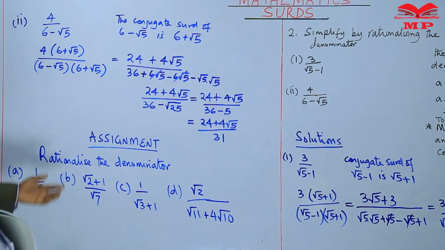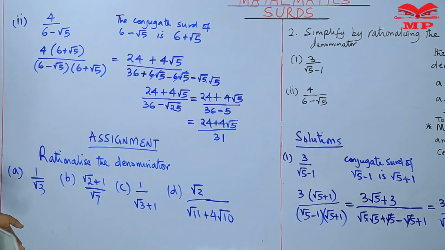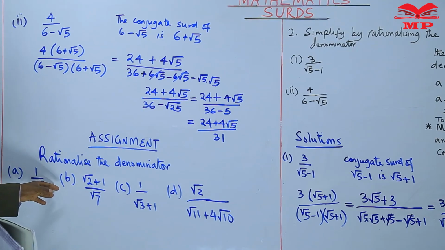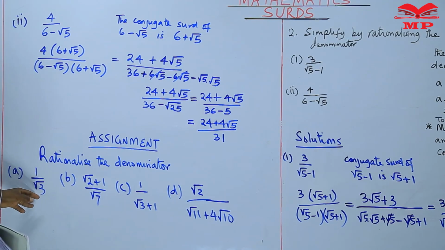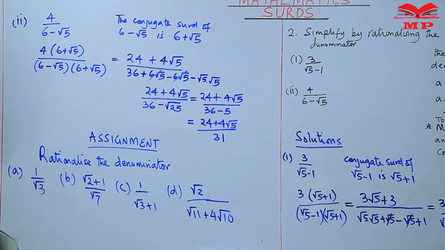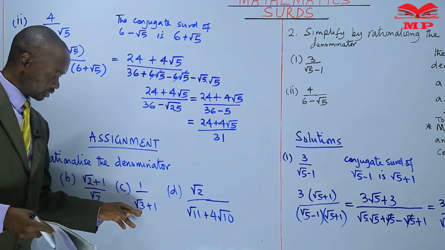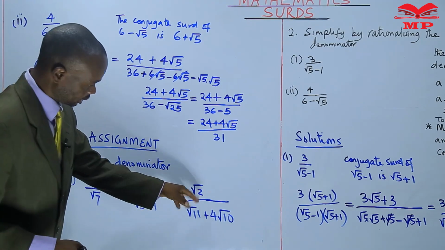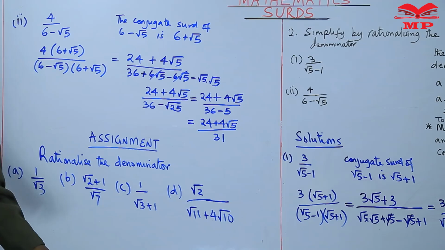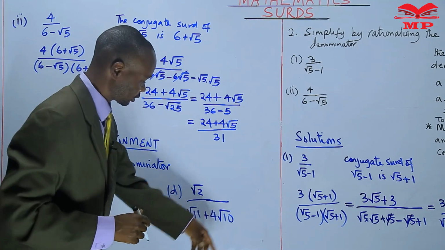So learner, that was the assignment: rationalize the denominator. You saw how we went about it. A, 1 over square root of 2; B, square root of 2 plus 1 over square root of 7; C, 1 over square root of 3 plus 1; D, square root of 2 over square root of 11 plus 4 square root of 10.